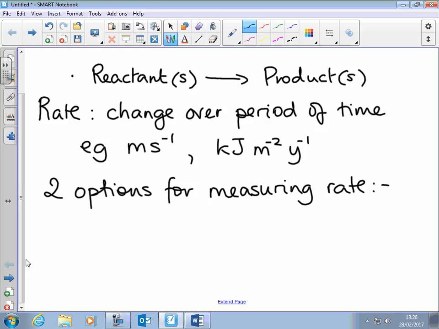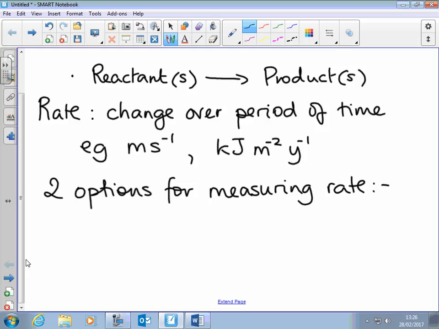Now, out of those things, is it possible to measure the uptake of carbon dioxide? Not really, is it? The uptake of water with a pondweed? Not really. The production of glucose? Not really. Oh, production of oxygen from a water plant. Does it produce bubbles? It does.